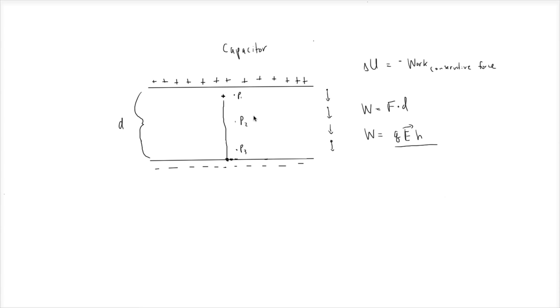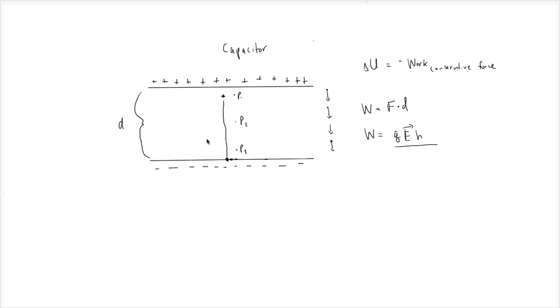But if we think about what has more potential energy, P1 or P2, say I put a positive charge at P2. The same force will be on them the whole time, but we can see that the distance that P1 will have to, quote unquote, fall is much bigger. So it has more potential to fall, or there's more distance over which the electric force can act on it. Therefore, more work is done on it by the conservative force.